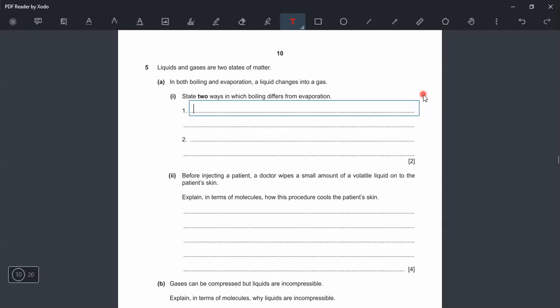Another difference is that boiling occurs throughout the entire liquid, but evaporation only happens to the surface molecules. So let's just use those. Boiling occurs at a specific temperature, which is the boiling point, but evaporation happens at any temperature.